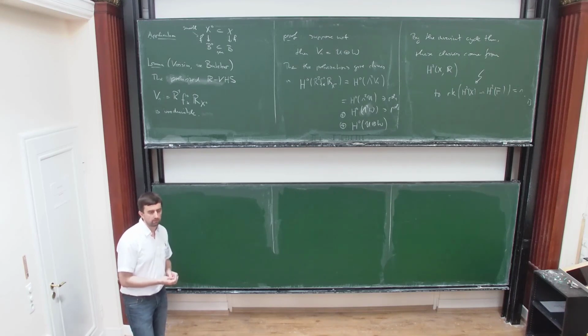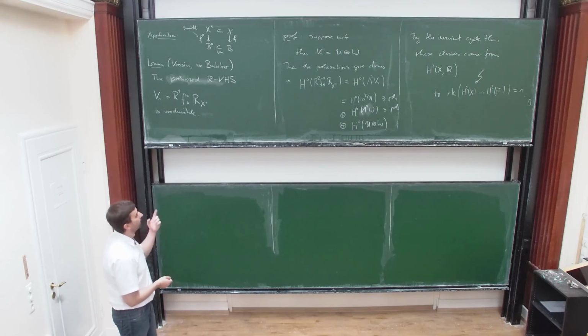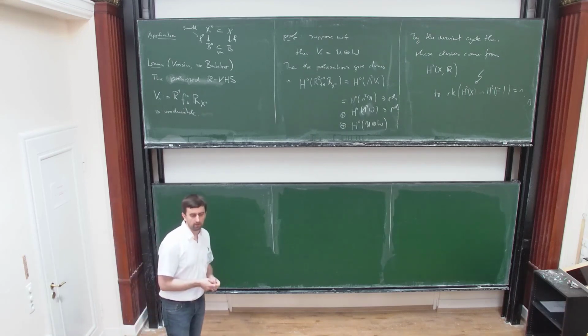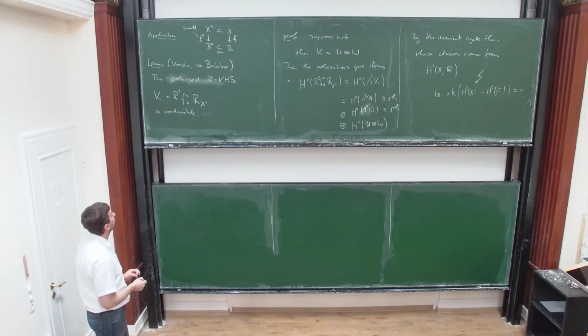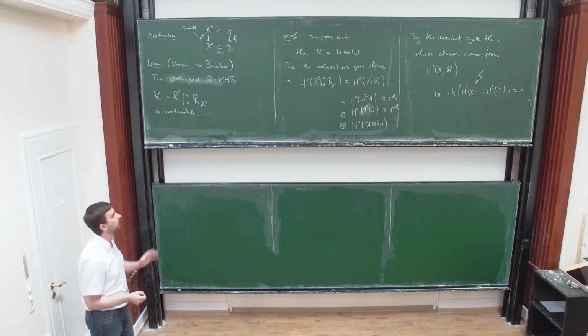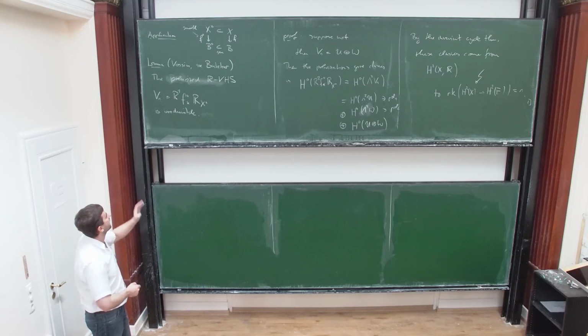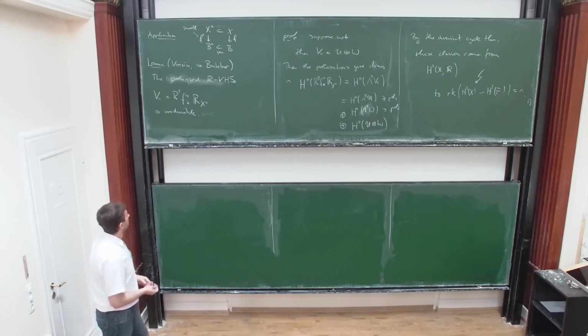Whereas over the reals, for weight 1 Hodge structures, take a class in H^{1,0}, take its complex conjugate in H^{0,1}, so they generate a real vector space, and that's an R sub-Hodge structure. So being irreducible for a real Hodge structure is a much stronger statement than for a Q Hodge structure. And same for variations.